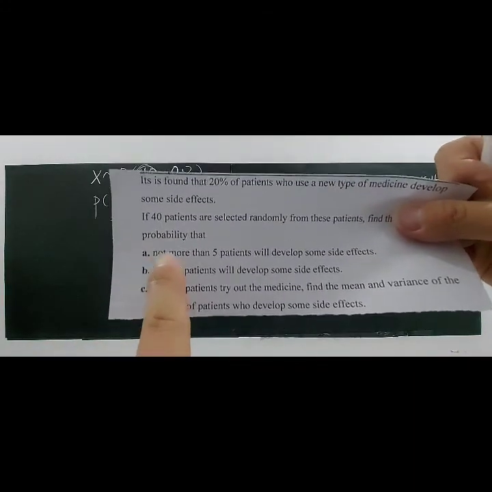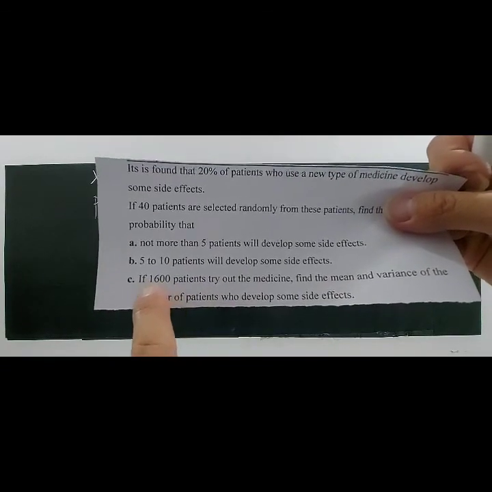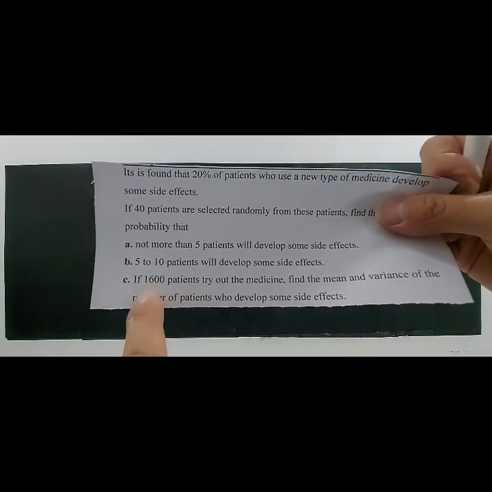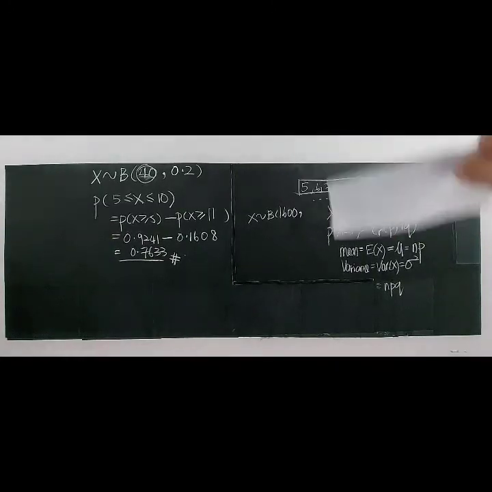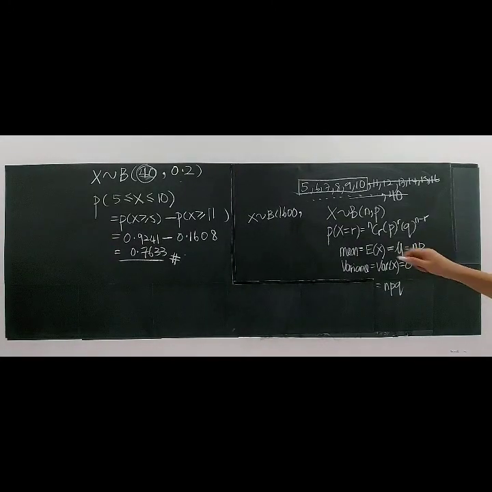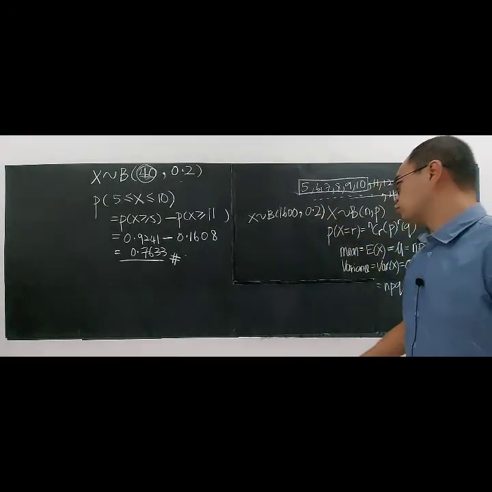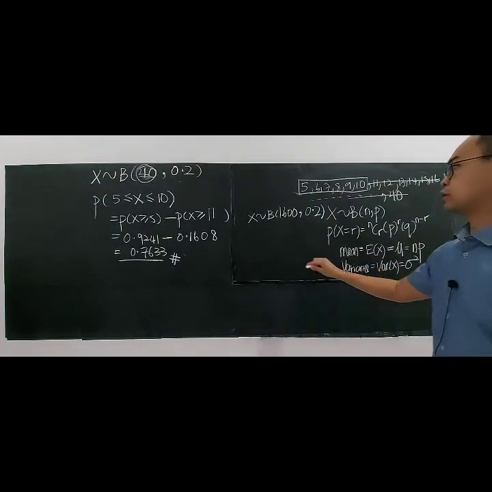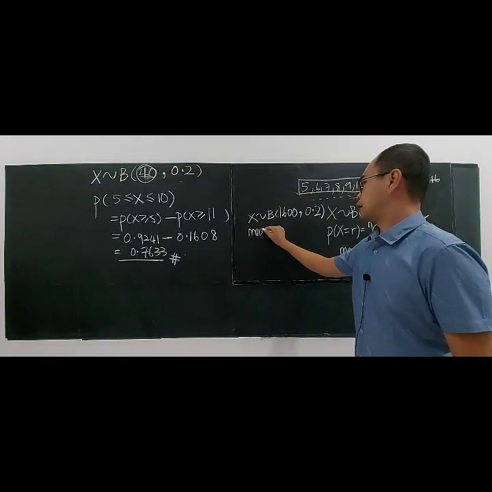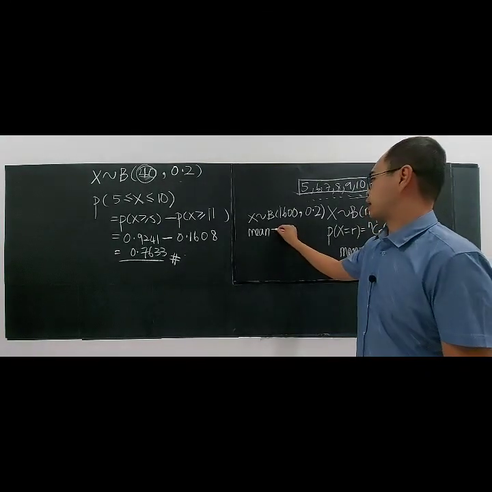It's already 1,600 patients, which means the number of trials now is 1600. But the probability of having a side effect will be 0.2. Then the question asks you to find the mean, so you can use this formula for the mean of the number of patients who develop some side effect.